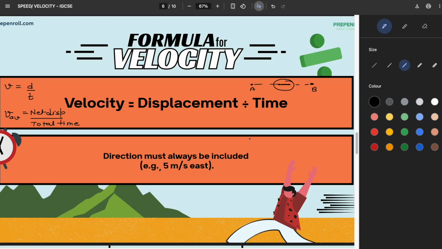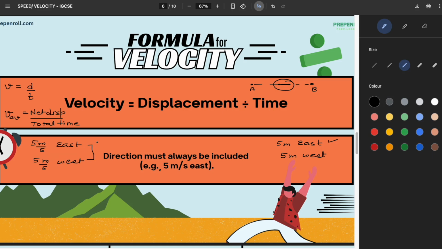Okay. Now if I say 5 meter east and 5 meter west, are the two the same thing? I'll say no, because the direction matters. If I say 5 meter per second east and 5 meter per second west, do you think the speeds are the same or the velocities are the same?